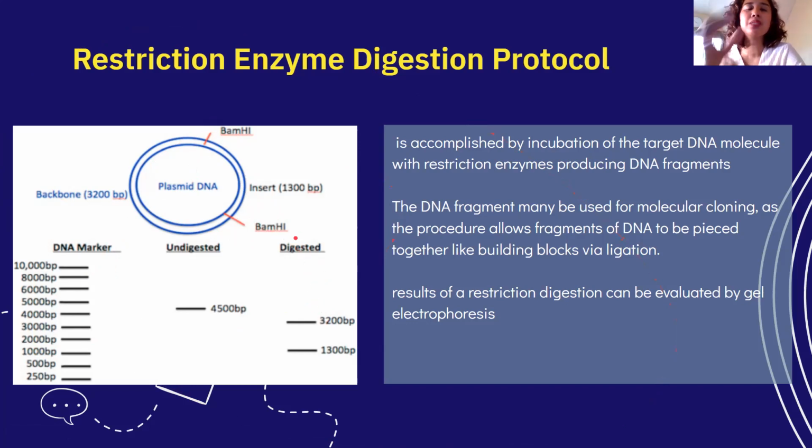So once this plasmid plus your BamHI restriction enzyme, pinaghalo mo sila at niran mo sila sa gel electrophoresis, ito ang lalabas. Okay? So the number of restriction sites will be the number of fragments. So kung dalawang restriction site, nahati ng gupit ng dalawa, yung result, dalawang fragment na.